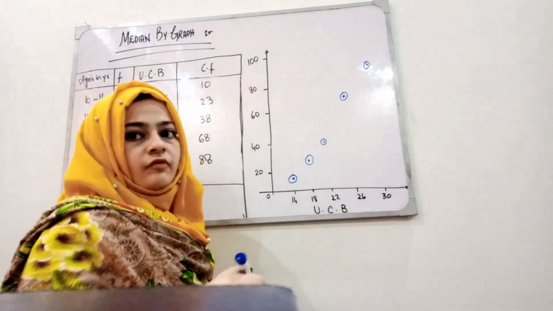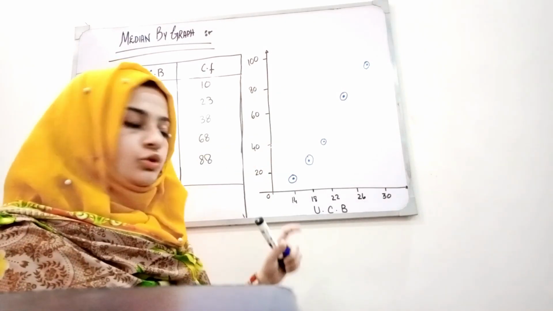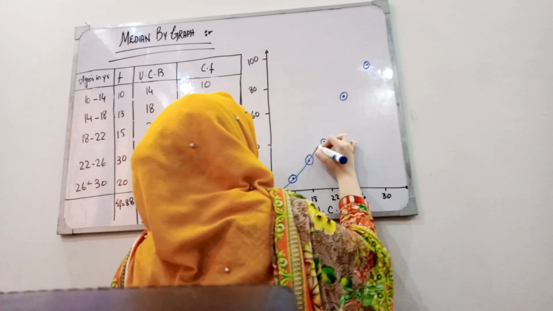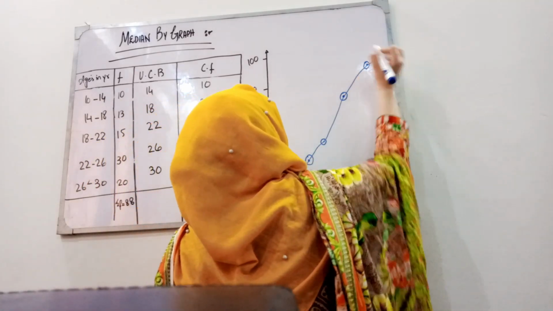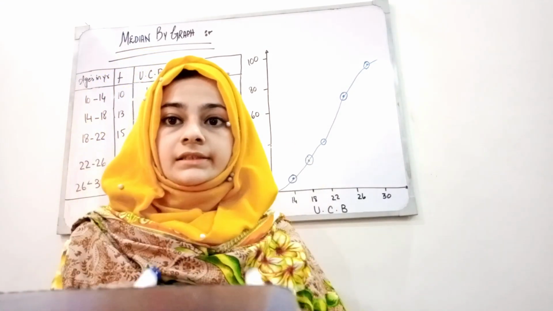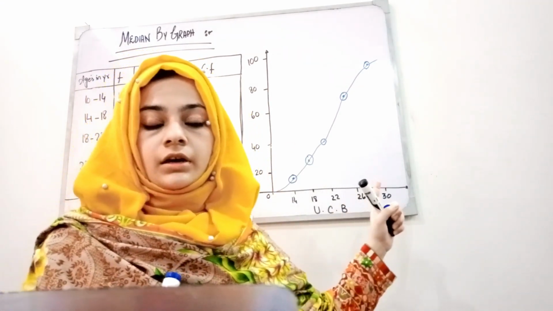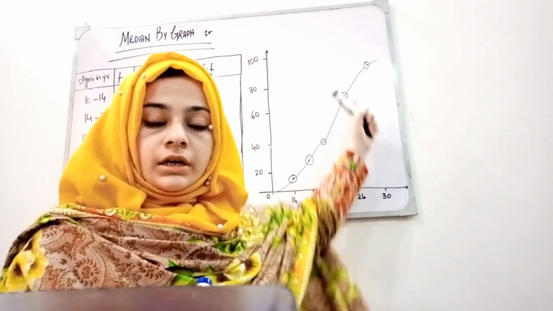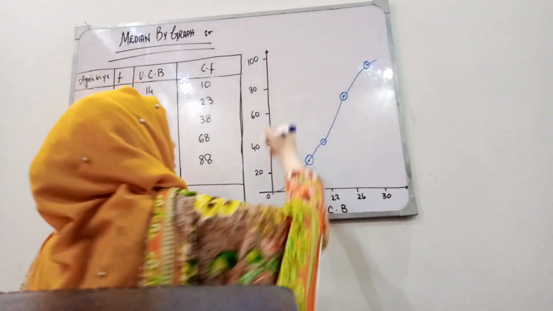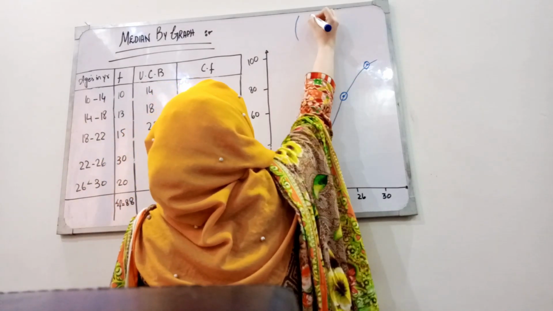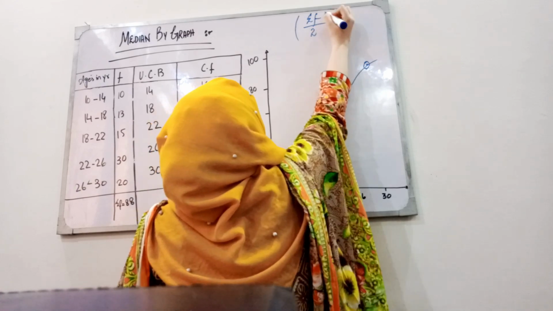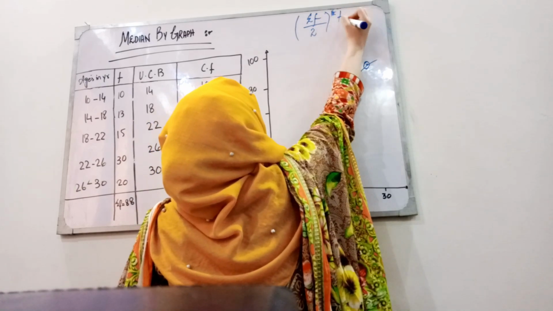Now with the help of a freehand curve, we will join all those points. Now we have to find out where the median of that particular graph is. For the median, we will use the summation of f divided by 2 term.